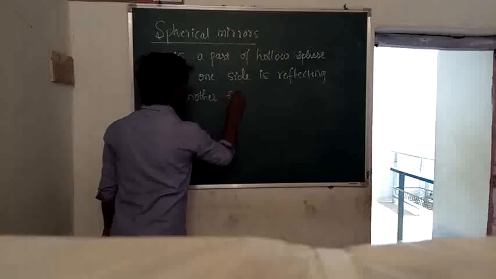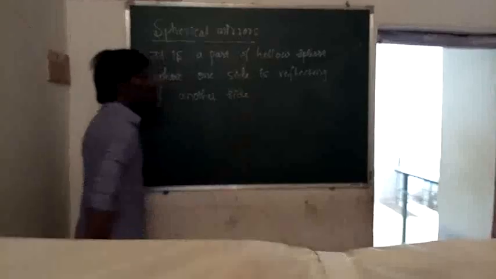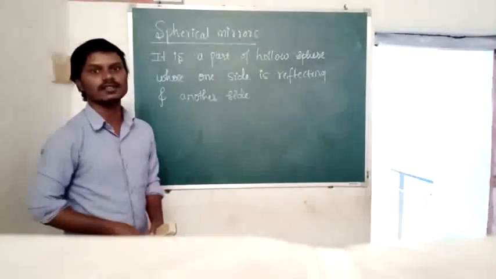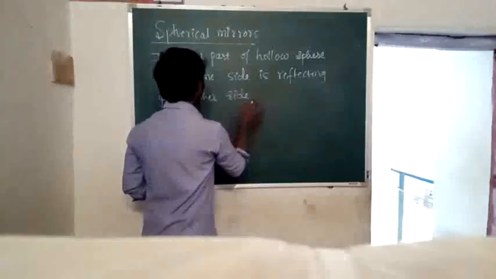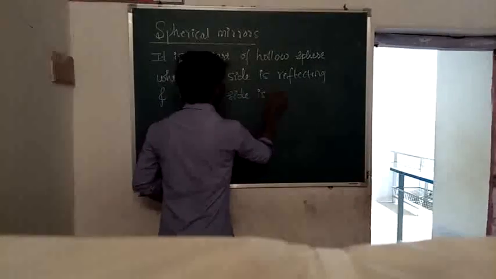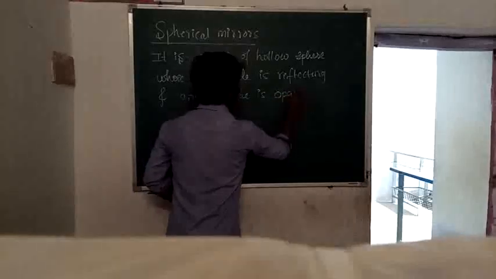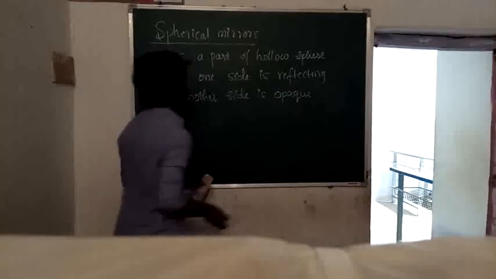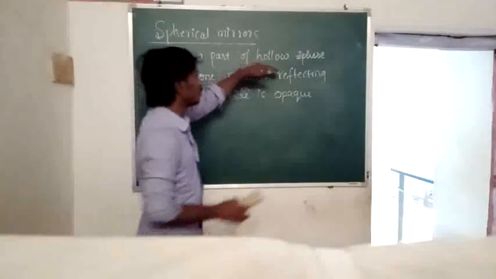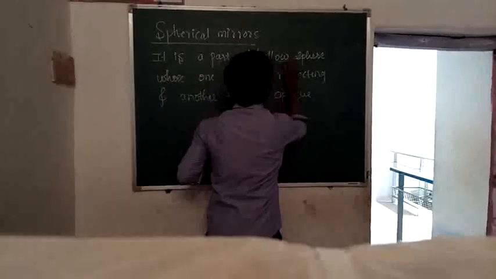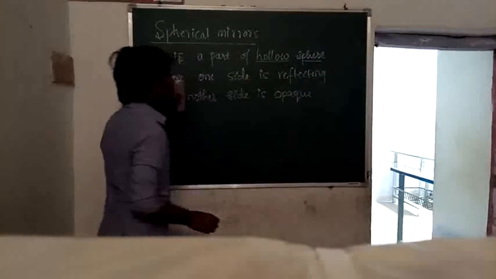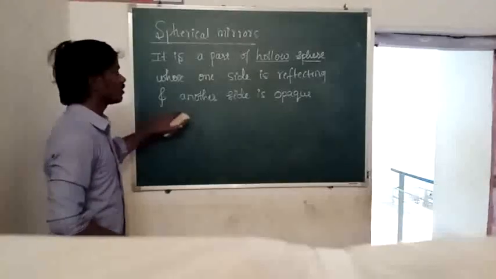Already you know what opaque means. Opaque is a medium through which light does not pass. So the definition of a spherical mirror is: it is a part of a hollow sphere whose one side is reflecting and another side is opaque.